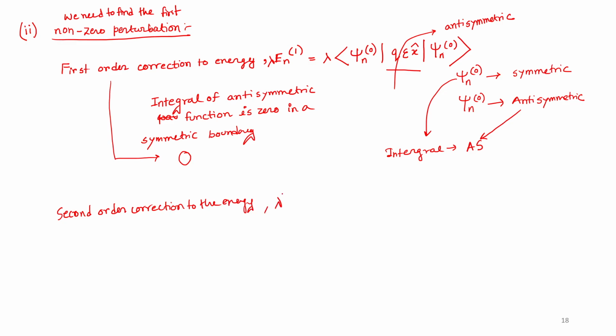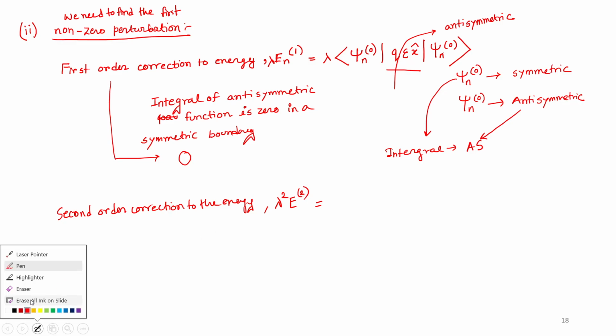That is given by lambda square E n2, right? So let us first get this part, then we will consider the lambda square.